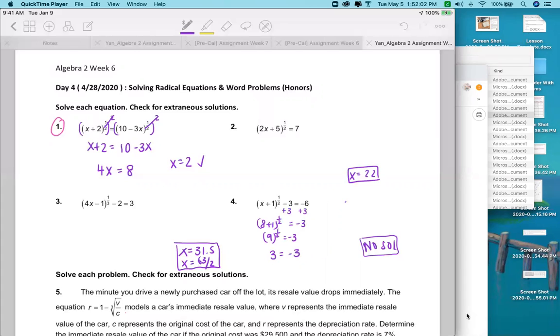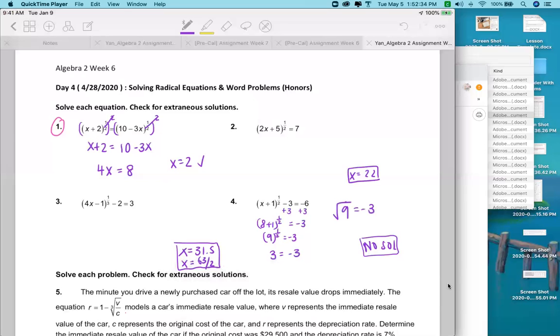So if you're verifying, we can't square both sides. Yeah, because it was like this. We can't have a square root equal to a negative. That's why it's no solution.